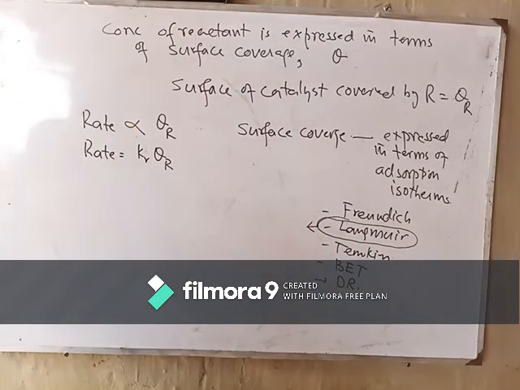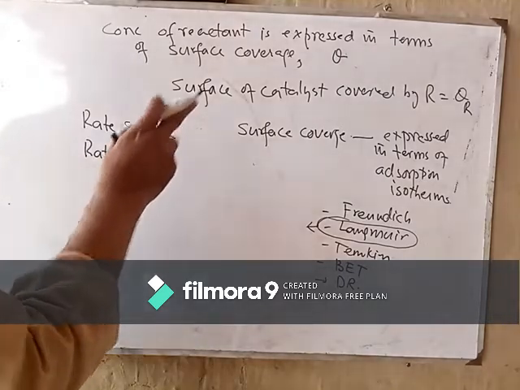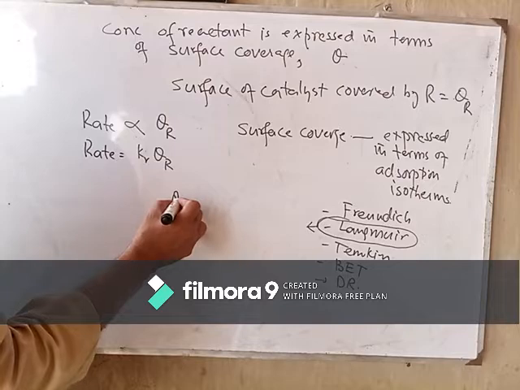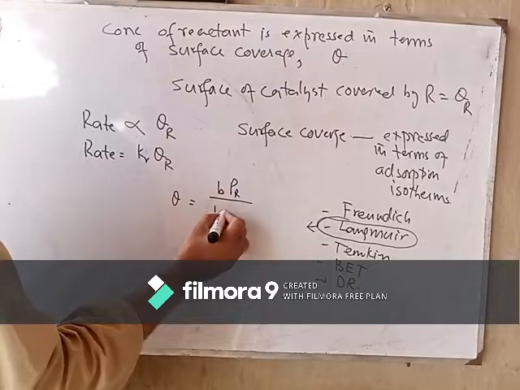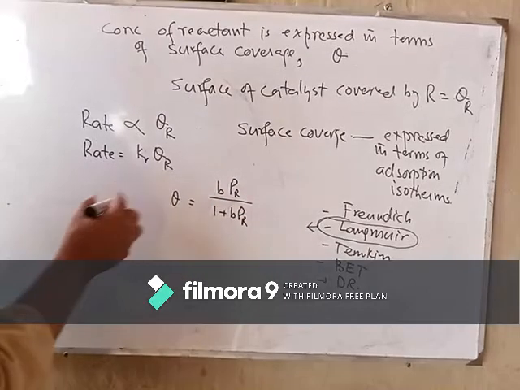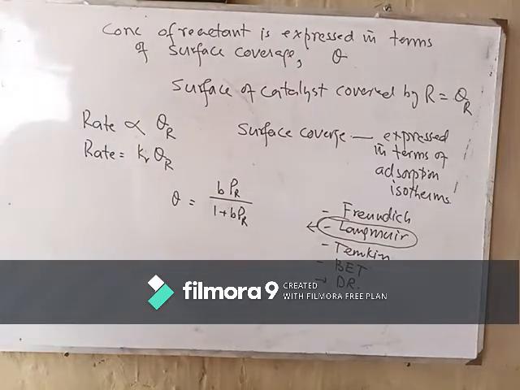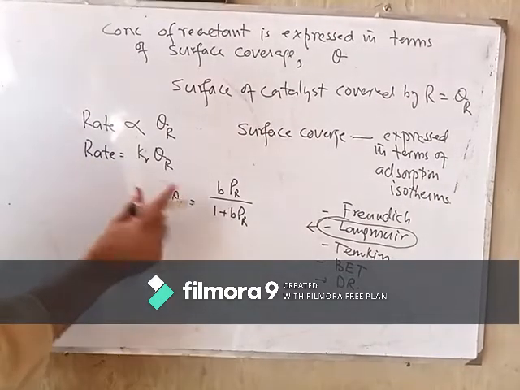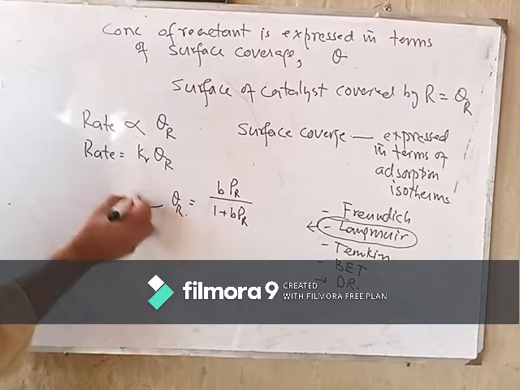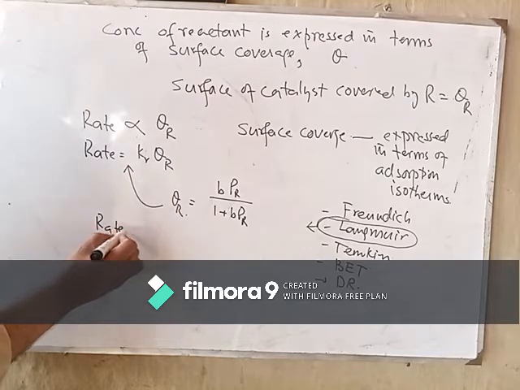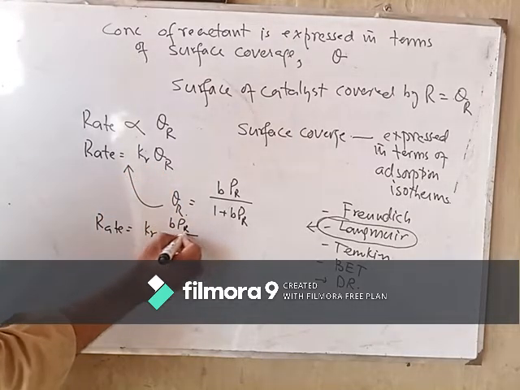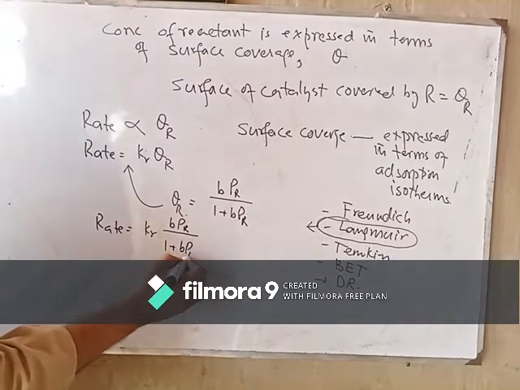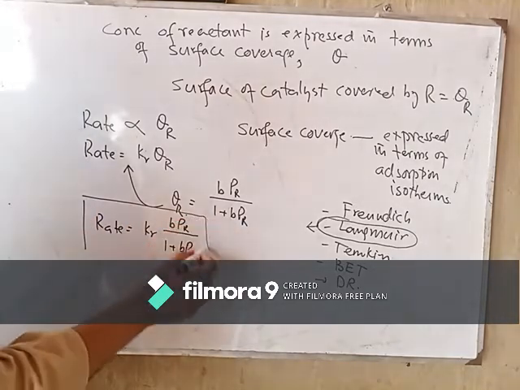So considering the Langmuir adsorption isotherm, we can express the surface coverage, theta R, as equal to B PR divided by 1 plus B PR, where B is the adsorption equilibrium constant and PR is the pressure of the reactant R. So the rate of reaction becomes rate is equal to KR theta R, that is KR B PR divided by 1 plus B PR. So this is the rate expression for surface catalyzed reactions.